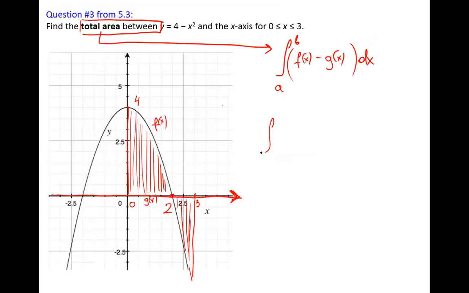Because on the interval from 0 to 2, the parabola, which we call f of x, is the top function. And g of x is the x-axis. The x-axis has the formula y equals 0 because it's a constant function. Value is 0.